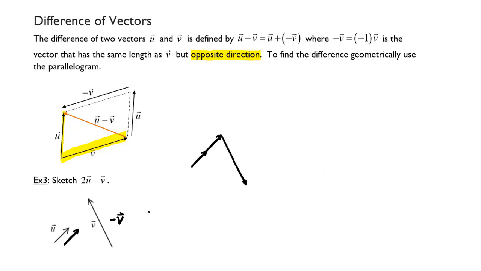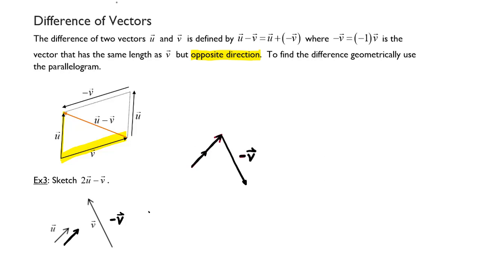Now, keep in mind that this vector that I doubled is equivalent to just 2 times the vector u, and then I'm connecting the negative v vector.